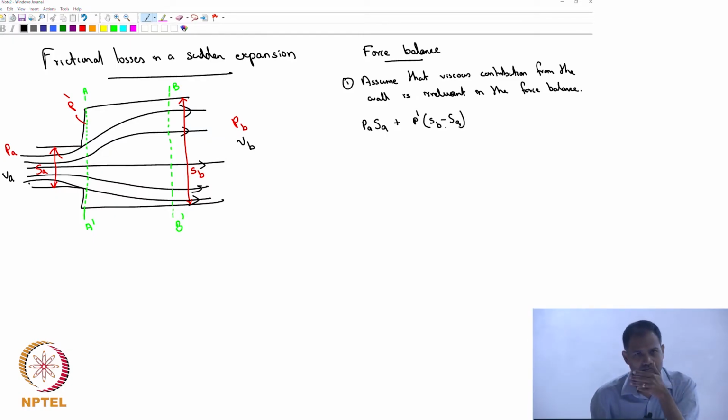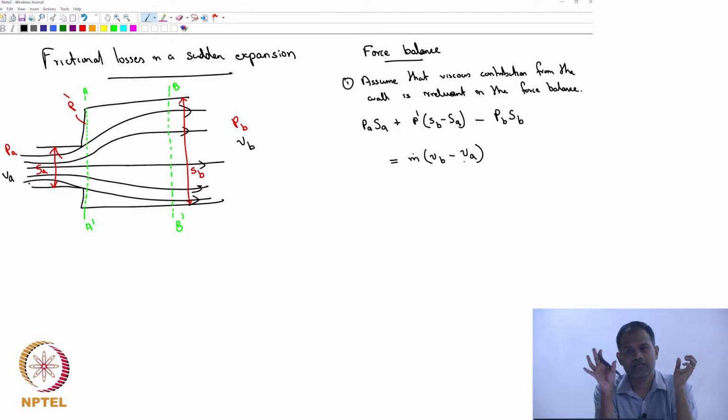Okay, so that's a force acting along x direction minus the force at the section B B prime, PB into SB. I'm just multiplying pressure with area to get my force, is equal to change in the momentum, which is going to be, let's say, some mass flow rate m dot into (VB minus VA).